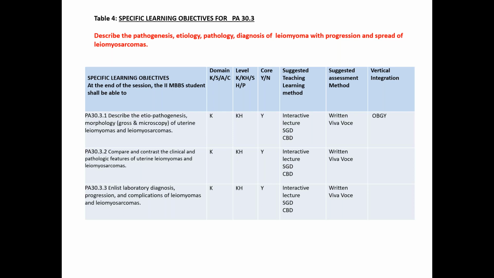Leiomyomas are most common in the reproductive age group, which gives us a platform to emphasize the rarity of leiomyosarcoma in the female genital tract. The term sarcoma is used because it is a mesenchymal tumor.